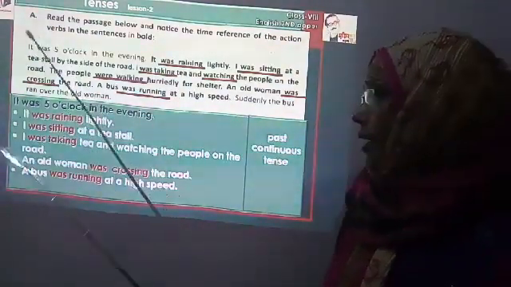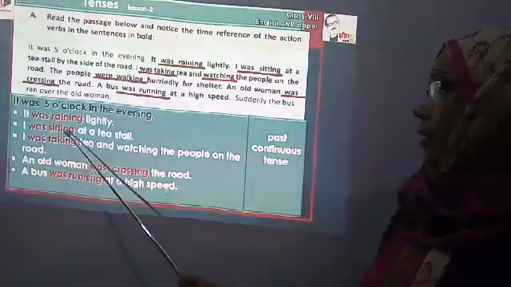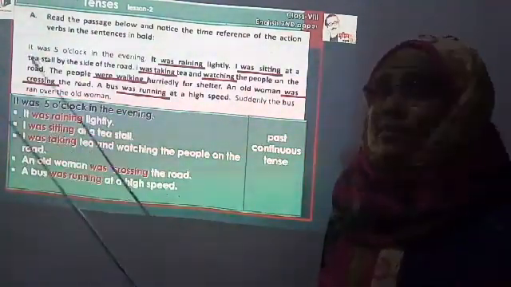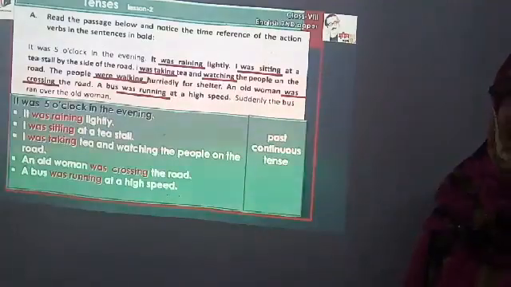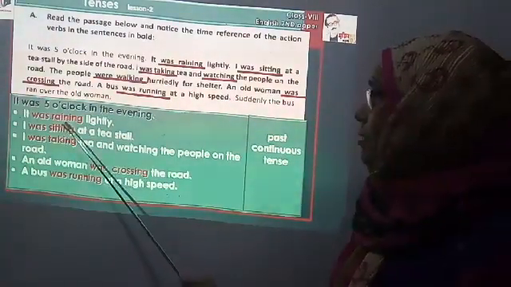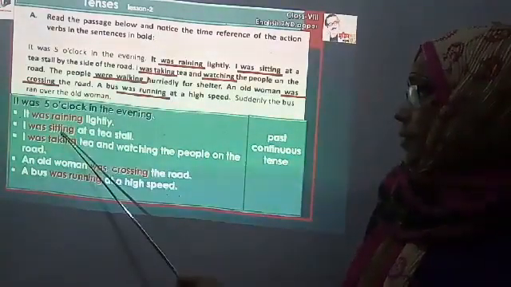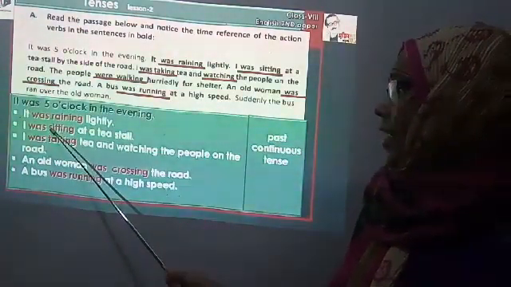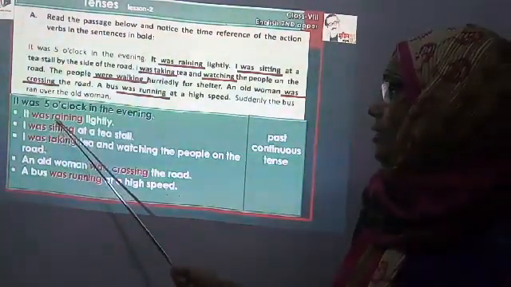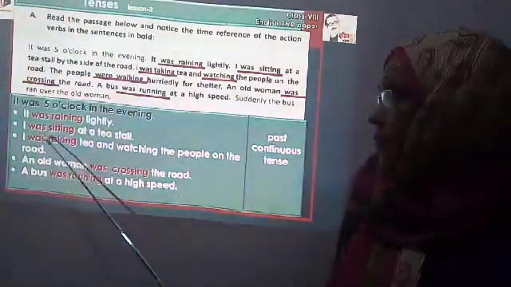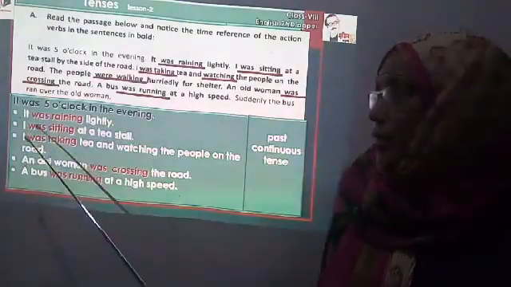So if you find the last letter consonant, before that there is a vowel, after vowel there will be consonant, so the last consonant will be double. Sitting, S-I-T-T, last letter is T, and before that there is a vowel, so here T is double.